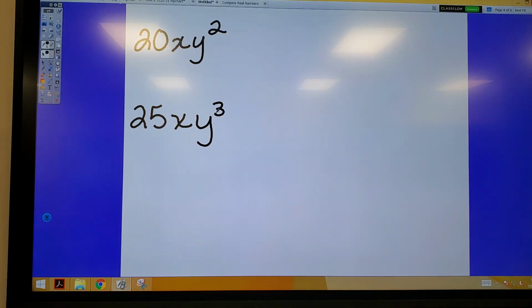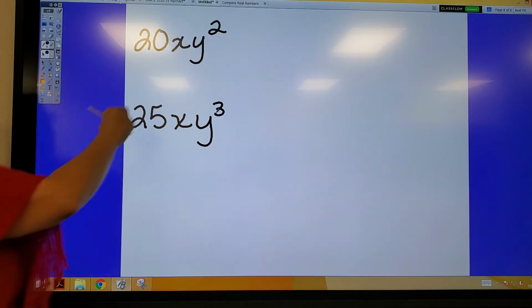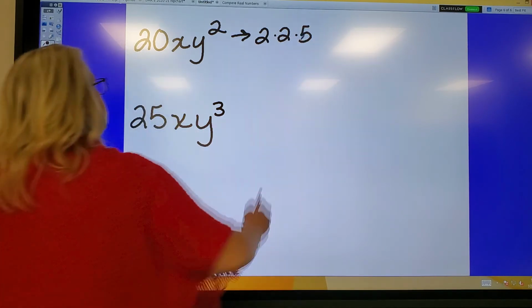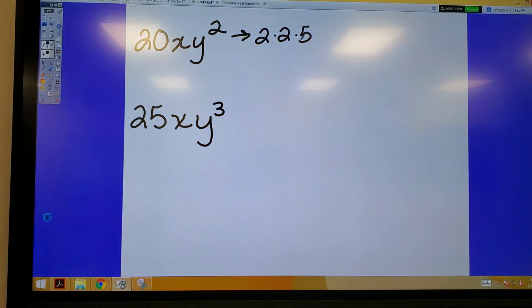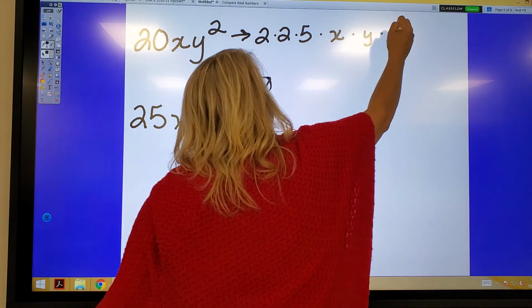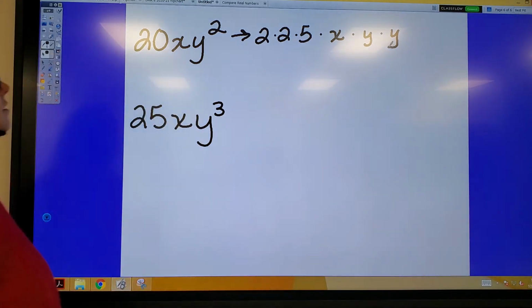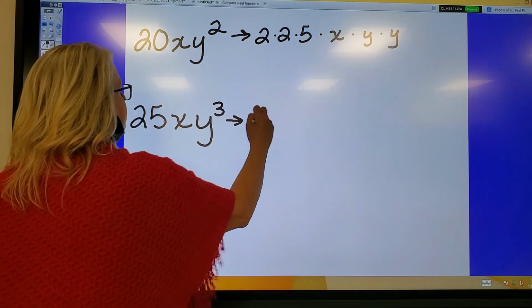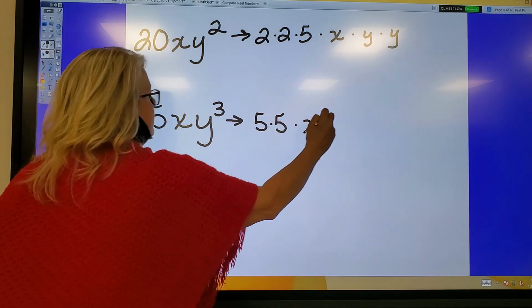So remember your coefficient, the 20 and the 25, you just do your normal prime factorization for those. So 20 is 2 times 2 times 5, and then 1 x and 2 y's. 25 would be 5 times 5, 1 x, and 3 y's.